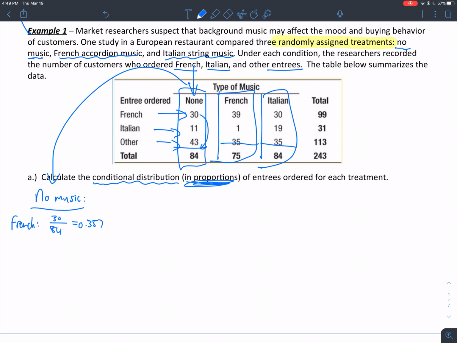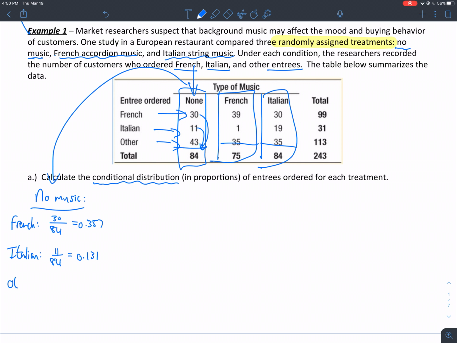In a proportion, that means this. Okay, actually both of those are fine. All right, and then so on and so forth. So Italian, the distribution of Italian entrees for the treatment group of no music playing is 11 out of 84, and that gives me about 0.131.